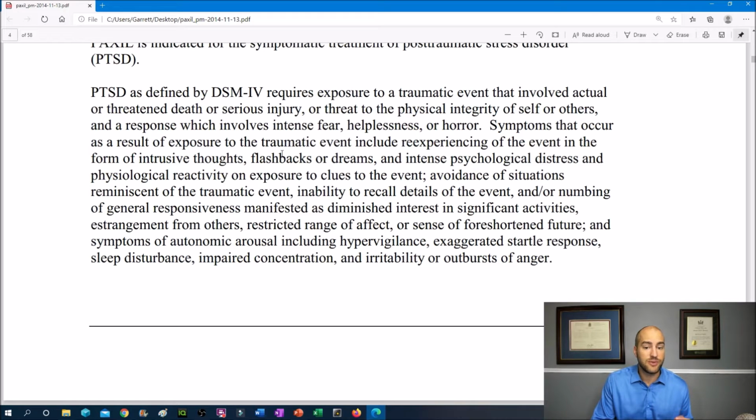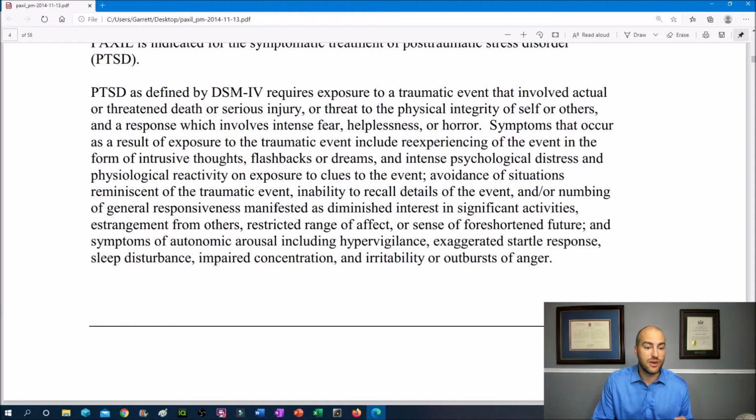Symptoms that occur as a result of exposure to traumatic event include re-experiencing of the event in the form of intrusive thoughts, flashbacks, or dreams, and intense psychological distress and physiological reactivity on exposure to clues to the event.